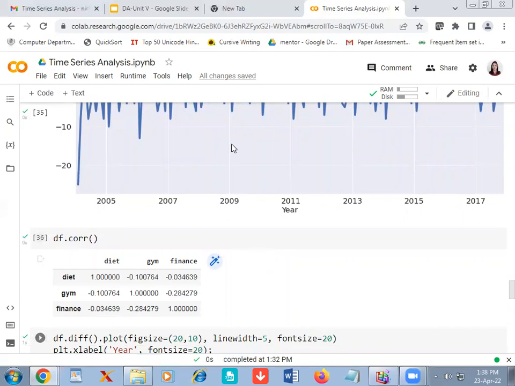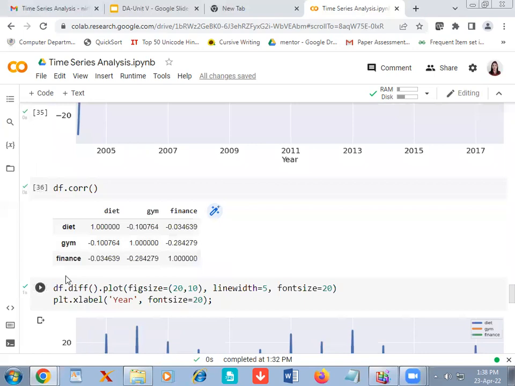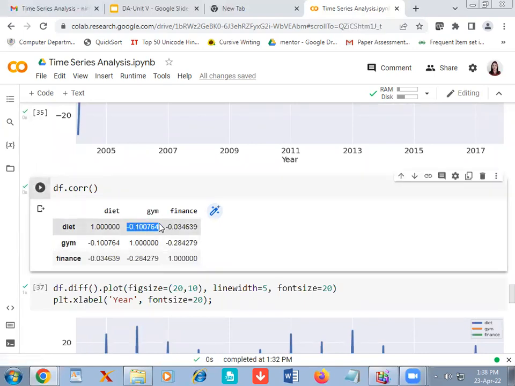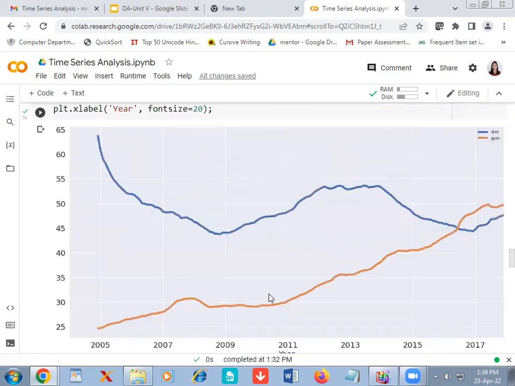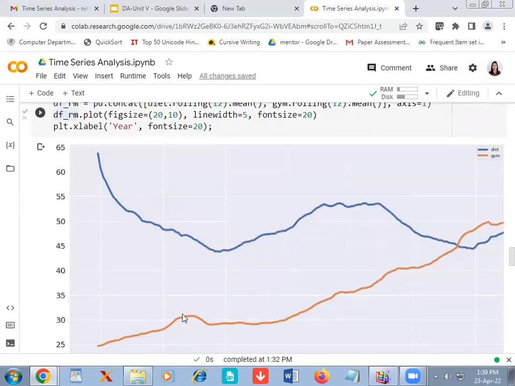When I find the correlation of this data set, you can observe that diet and gym have a negative correlation. But here we can observe in the pattern that it is not negative every time. Sometimes when your diet decreases, your gym increases.